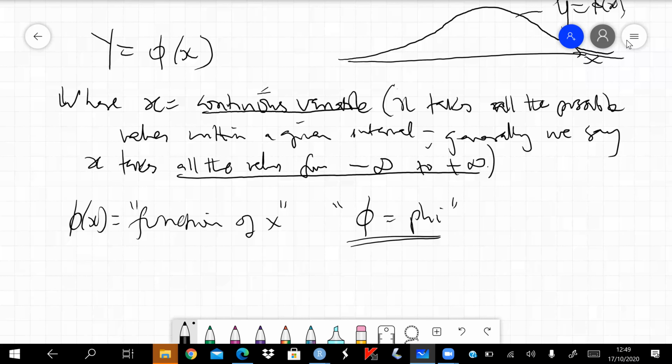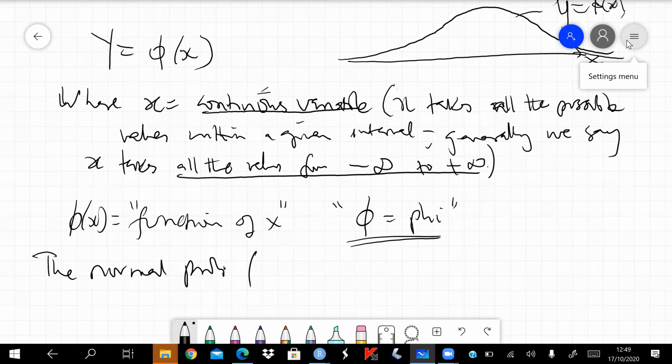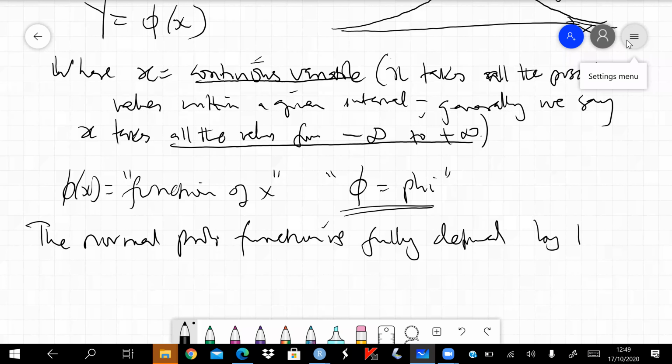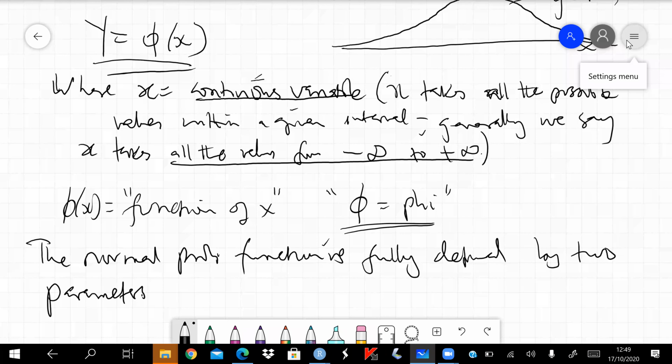Then we say that the normal probability distribution, the normal probability function, is fully defined by two parameters. So this function here is just some formula.